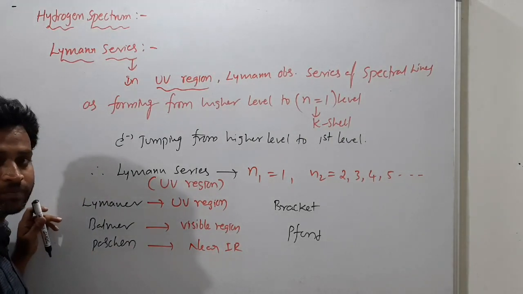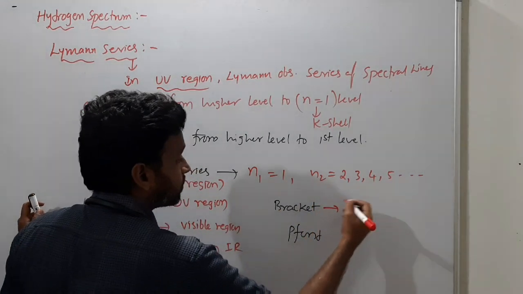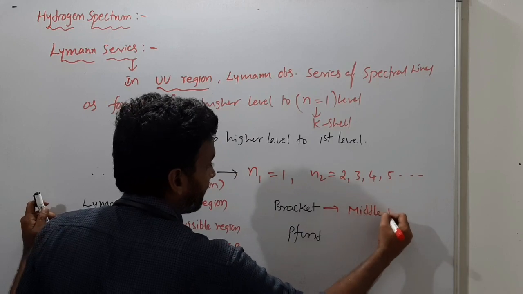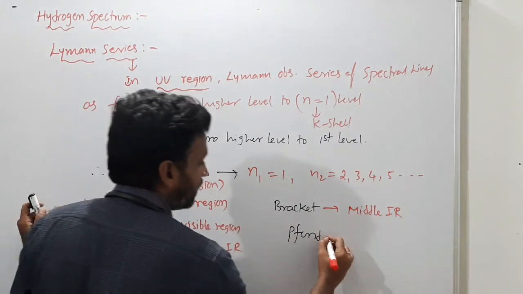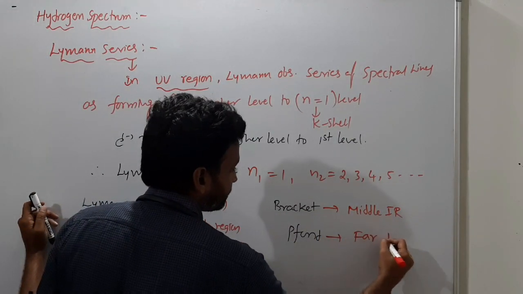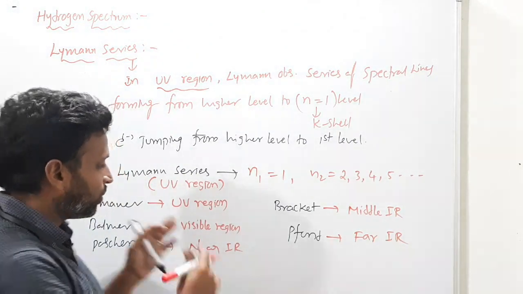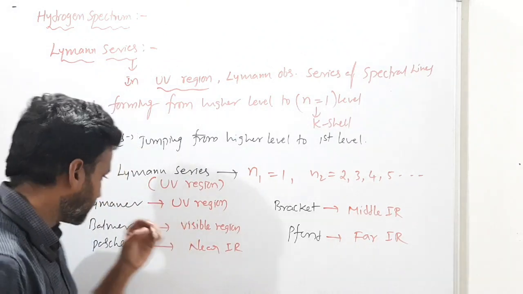And later on, Brackett also observed a series of spectral lines in the middle infrared. So the infrared regions are three, as I gave in the previous class: near, middle and far. So these scientists all observed some series of spectral lines. Are you able to see what I have written here?